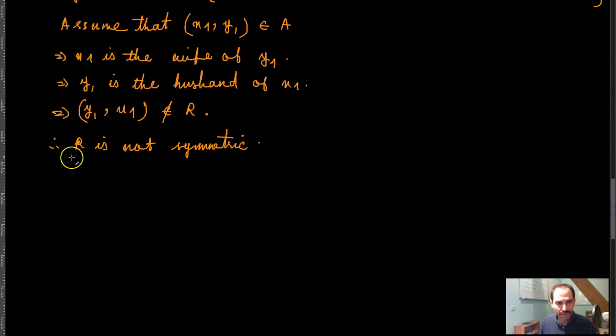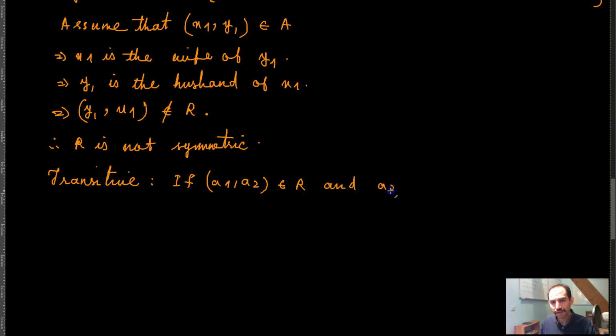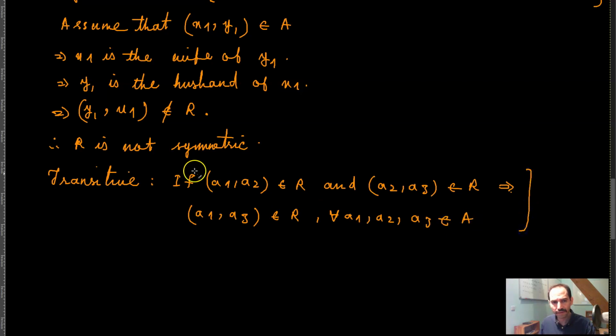Now to check whether R is transitive, you need to check if this condition is true: (A1, A2) belonging to R and (A2, A3) belonging to R implies that (A1, A3) belongs to R, for all A1, A2 and A3 belonging to A, right?